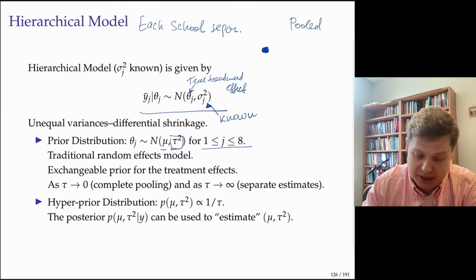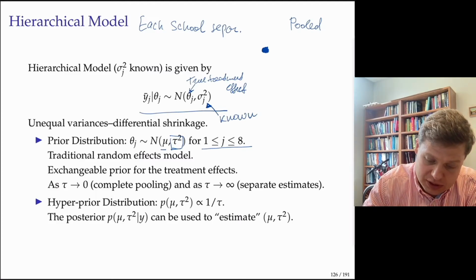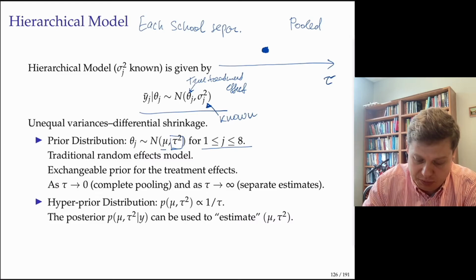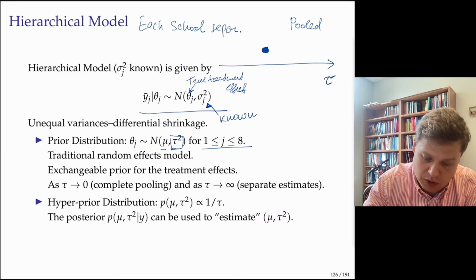And this parameter tau basically controls, on a scale, whether each school is estimated separately or we do complete pooling. If tau is 0, then we do complete pooling.